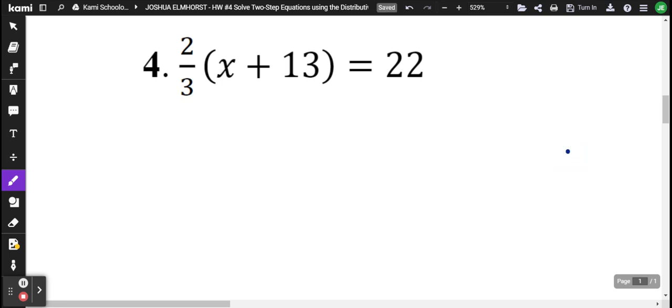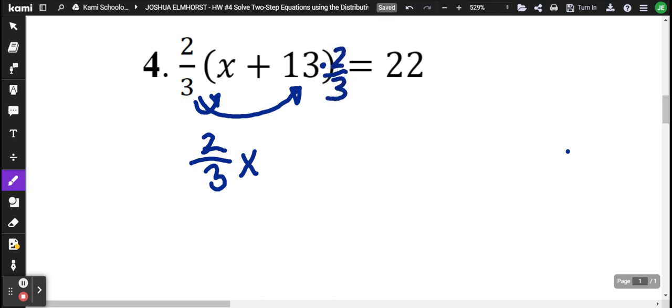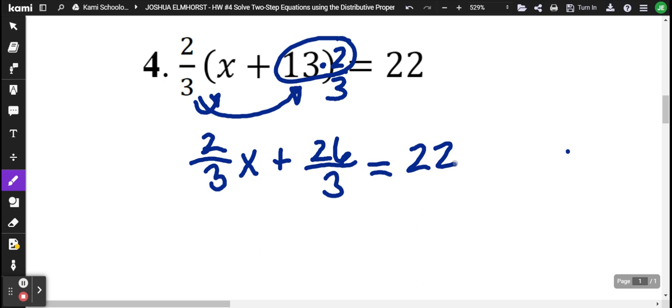Number 4, we're going to distribute a fraction through the group. So 2/3 times x will be 2/3 x, and then 2/3 times 13 is going to give us 26. 13 times 2 on top, 26 over 3, is equal to 22.